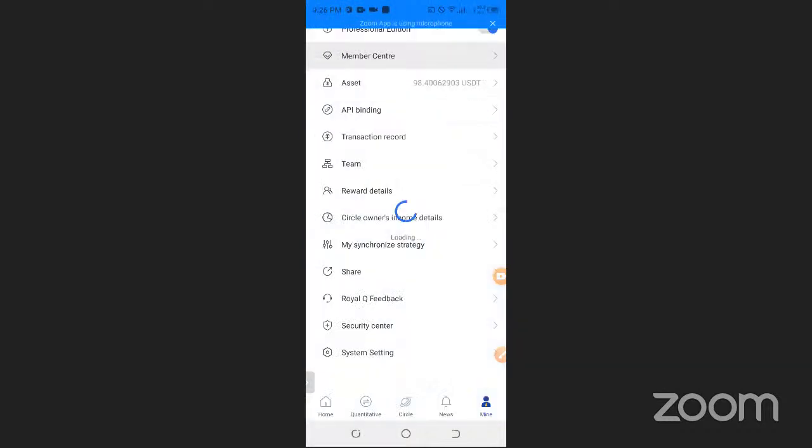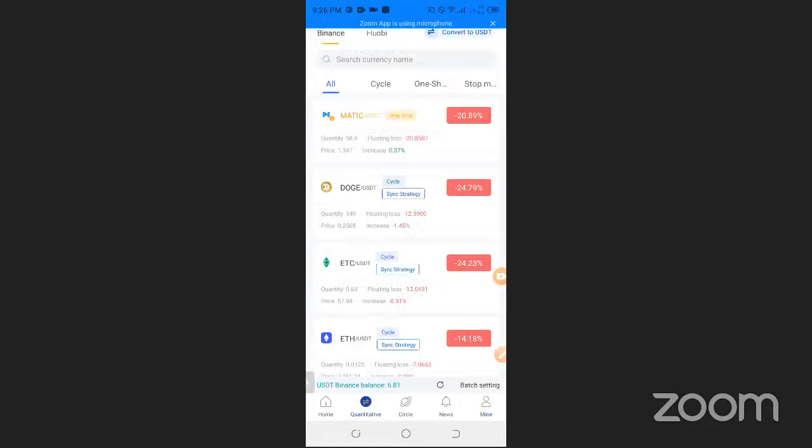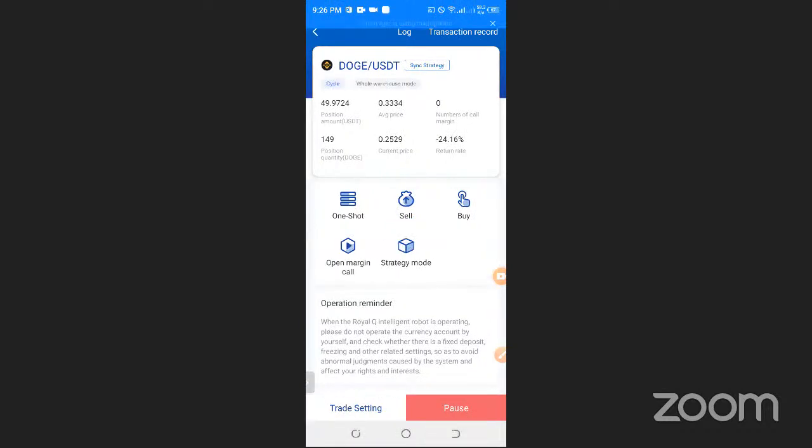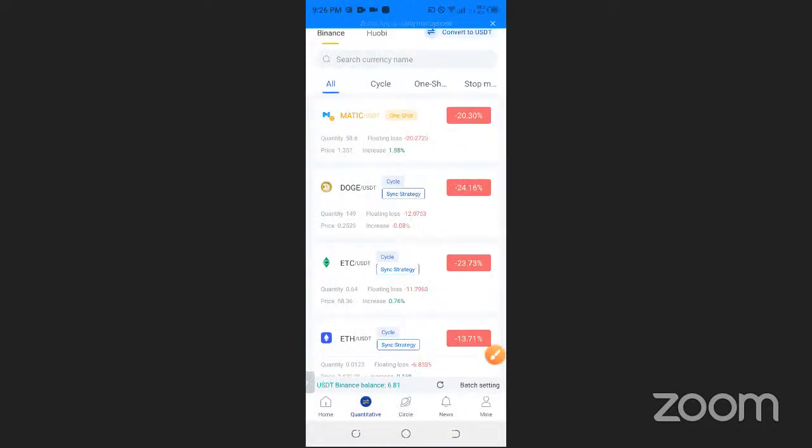Then the next part is you go back to the coin the robot has selected for you. Like this one, you click on the coin like this, clicking on it. Let me highlight the coin I'm clicking on so you can follow me. I'm clicking on Ethereum.